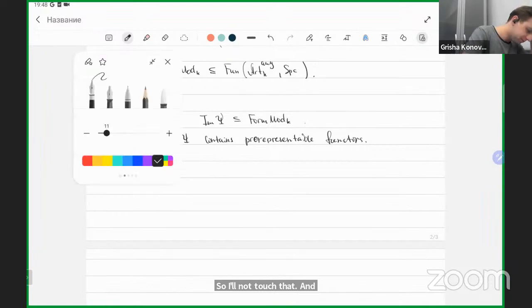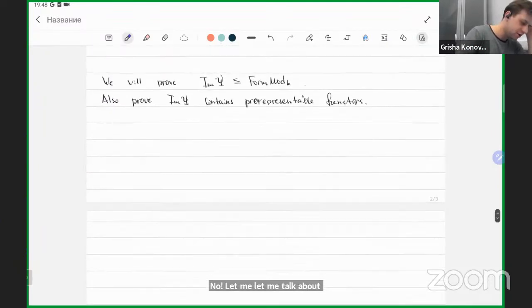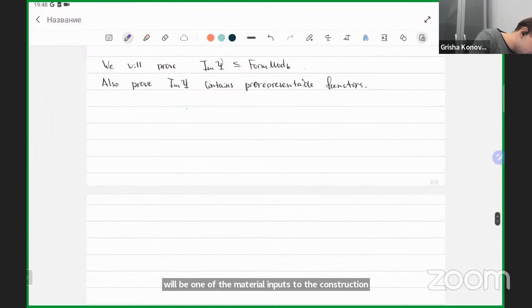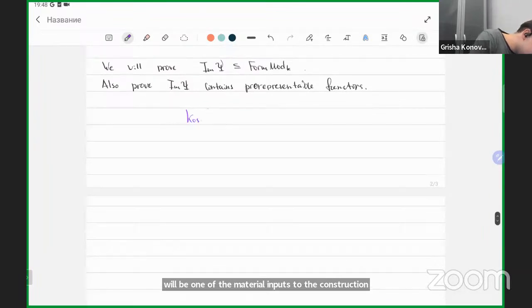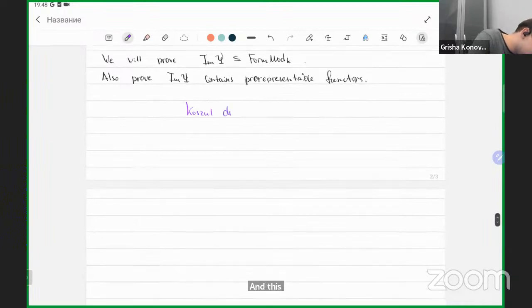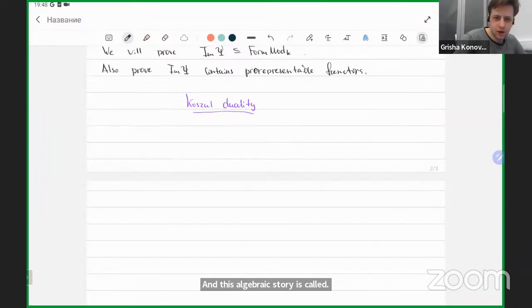Now let me talk about some algebraic story, which will be one of the non-trivial inputs to the construction of psi. This algebraic story is called Koszul duality.